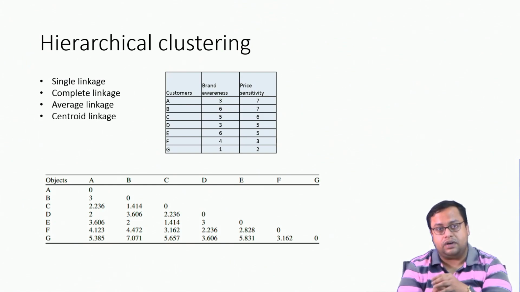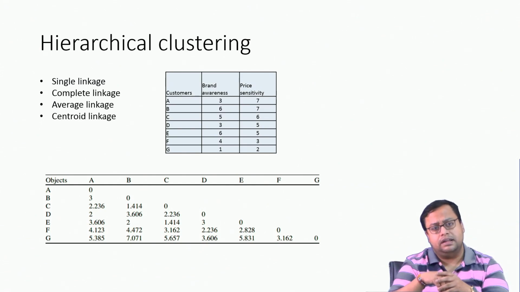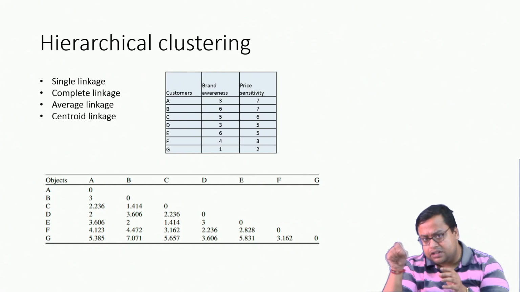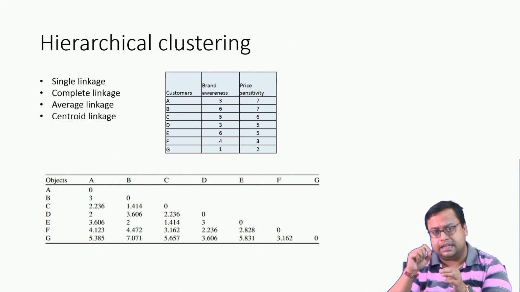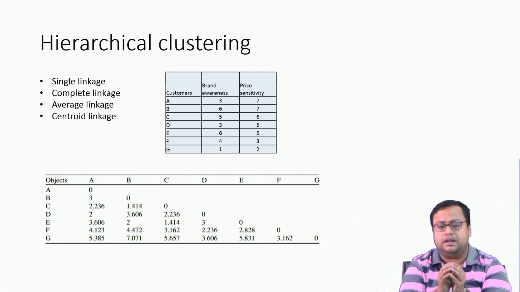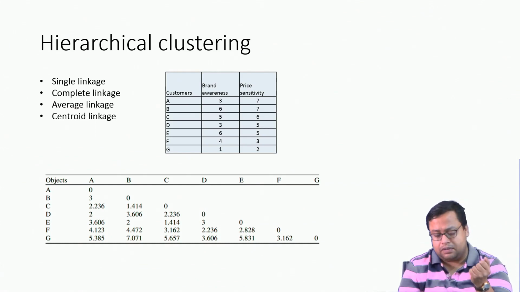You either find the average of these two and then find the distance of that from each of the observations, or you find the centroid, or sometimes you use complete linkage. Let us say BC is your segment, and in complete linkage you might find B's distance with everybody, C's distance with everybody, and then take an average of that. So, there are different ways of calculating the distance.